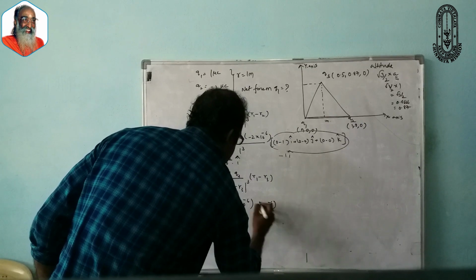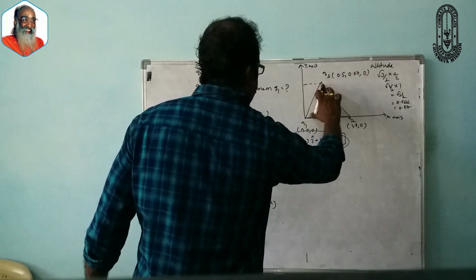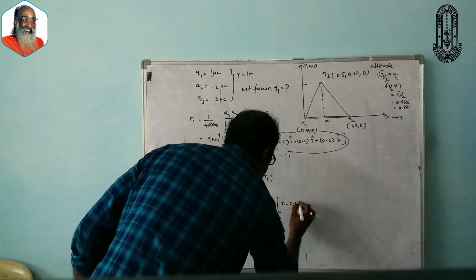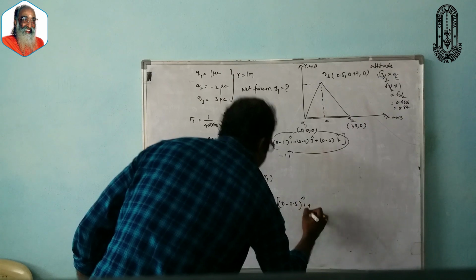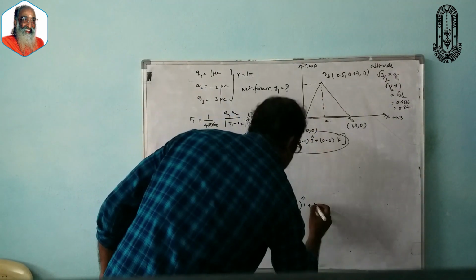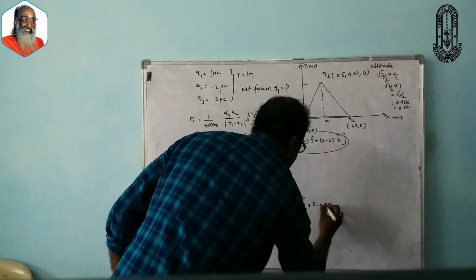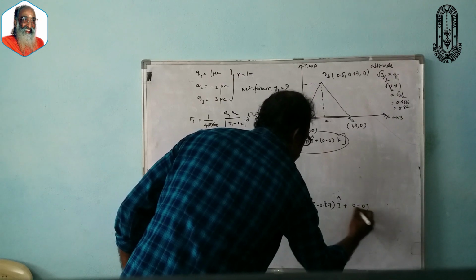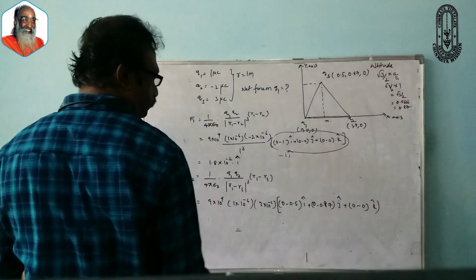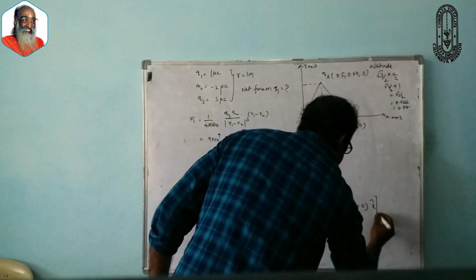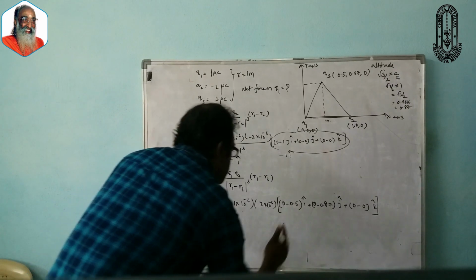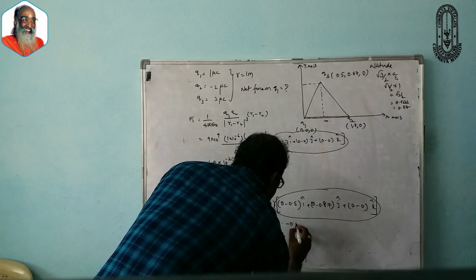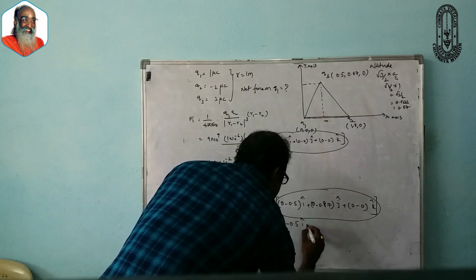R1 and R3 here: this is 0 minus 0.5 I cap plus 0 minus 0.87 J cap plus 0 minus 0 K cap. So by just doing this, we are going to get minus 0.5 I cap minus 0.87 J cap.